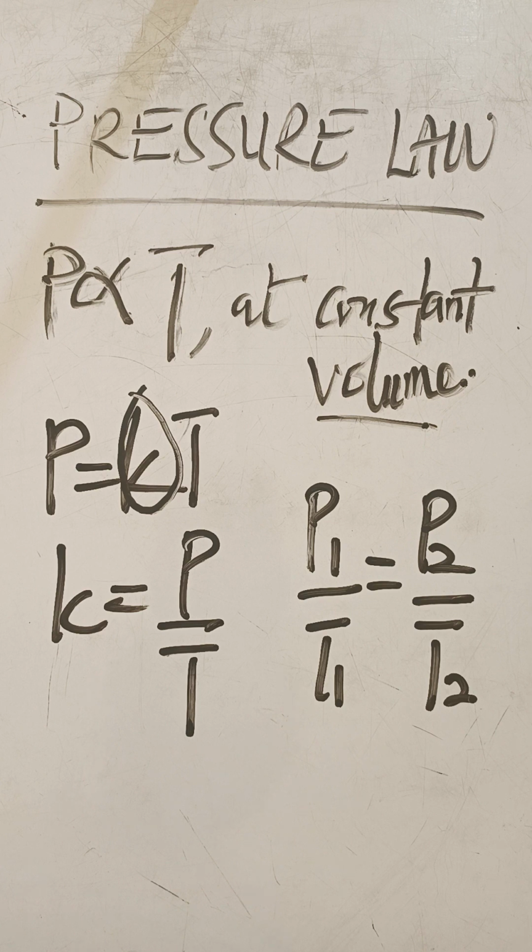P1 and P2 are pressures at the two states, and T1 and T2 are the absolute temperatures at the two states. So P1 is the pressure at absolute temperature T1, and P2 is the pressure at absolute temperature T2.